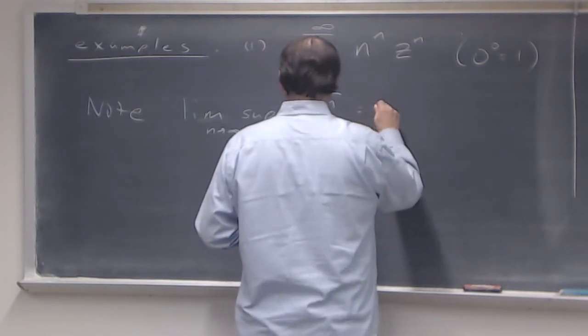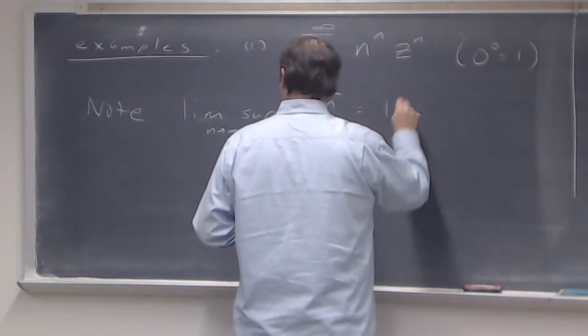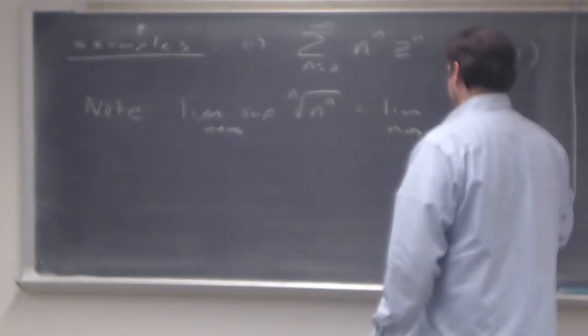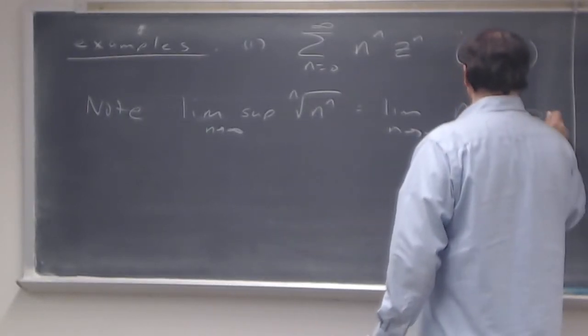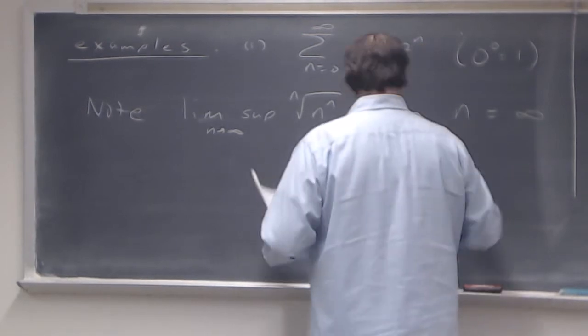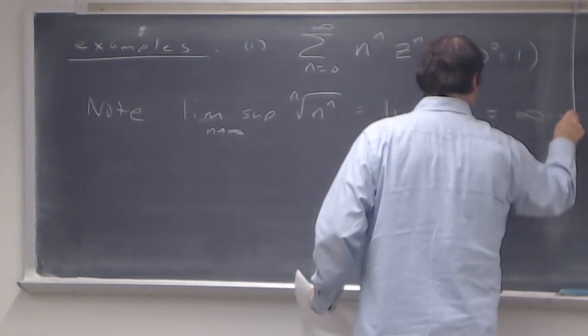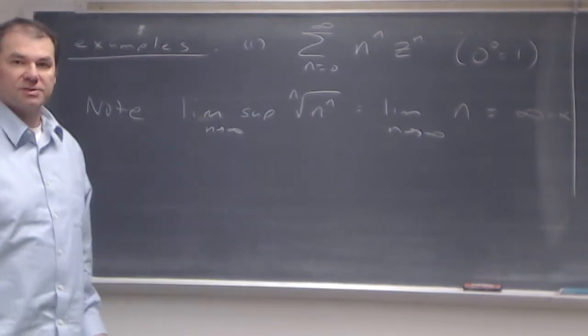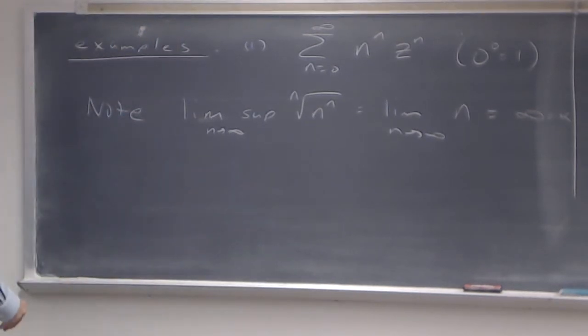That's equal to the limit as n goes to infinity of the nth root and the nth power cancel with each other. This is n, I get infinity. And as I said, from that previous theorem that we had towards the end of lecture 22, that's equal to our alpha.